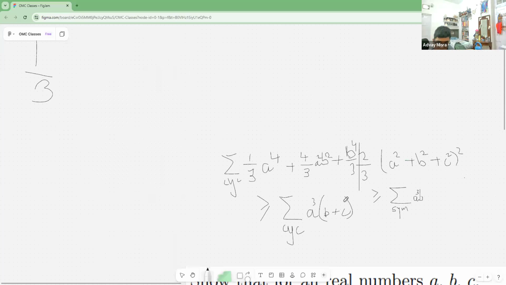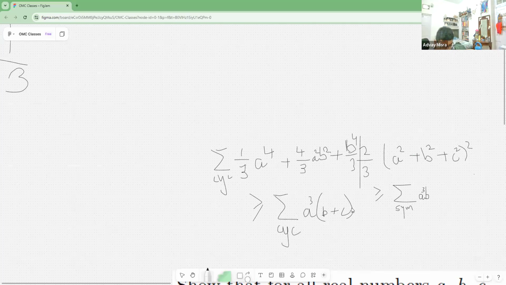And over here also we replace a cube b plus c with a cube b plus a b cube.